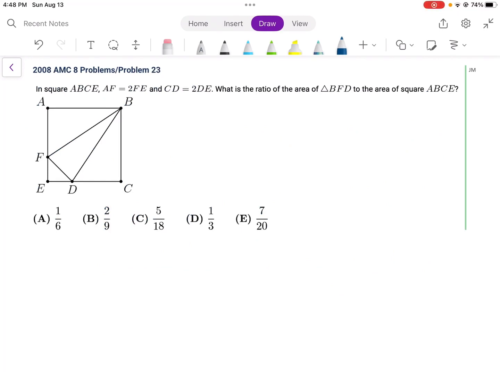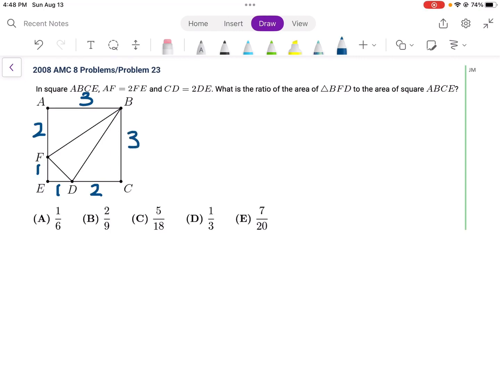Problem 23. To simplify this problem, let's assume the length of FE is 1 and DE is also 1. Therefore, AF is 2, CD is 2, and AB is 3, BC is also 3.